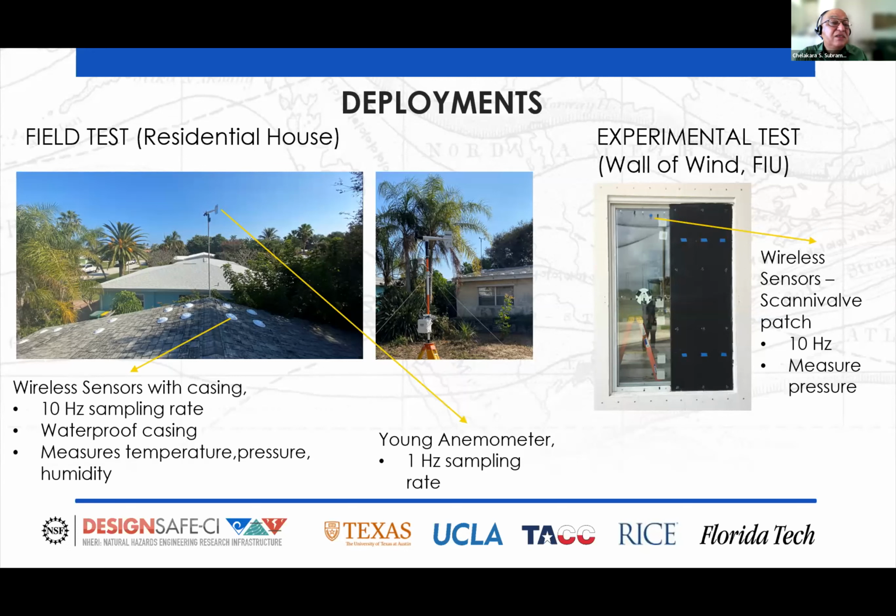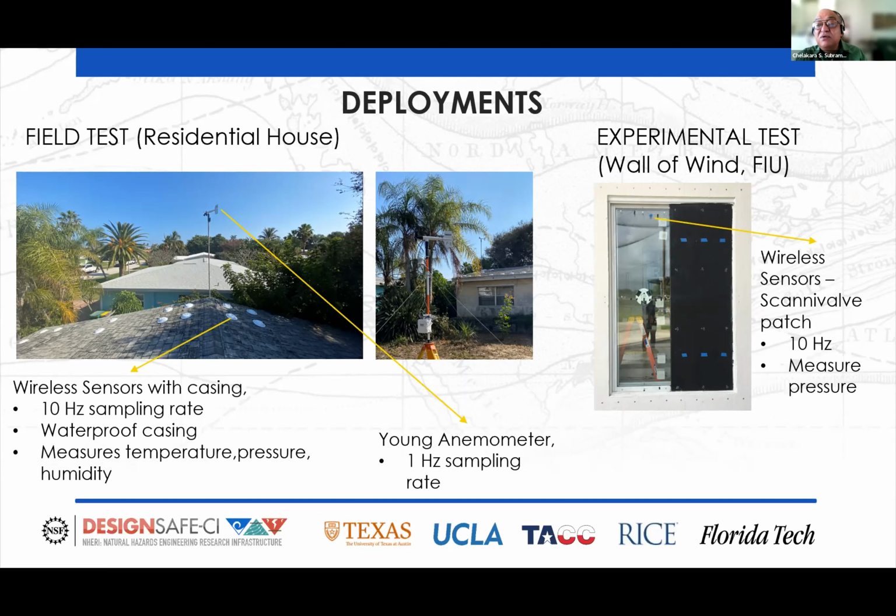There is also an anemometer located on the roof ridge line, and we place sensors that are either this wireless sensor in the form of discs, or patches, which are pressure taps placed on a small aluminum disc, smaller in footprint than the ones you see on the roof.